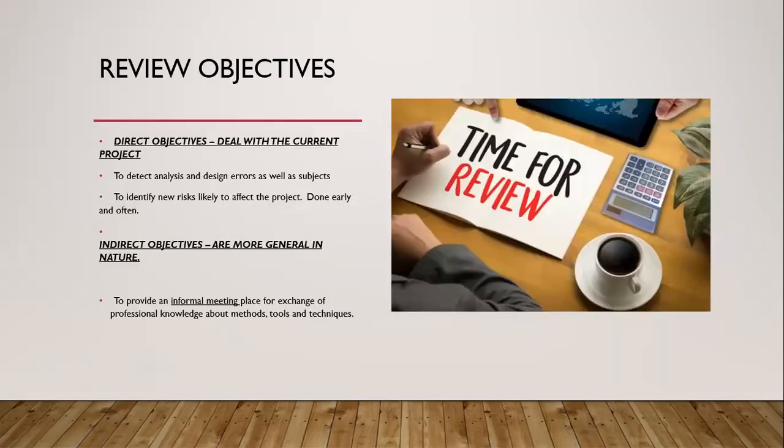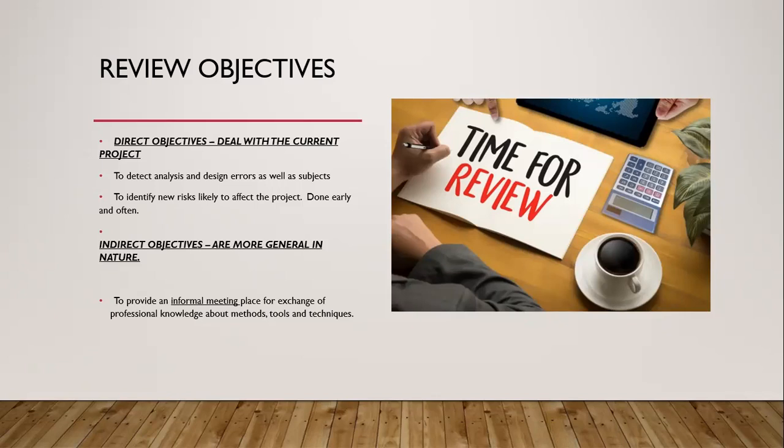Review objectives. There are many types of review objectives, but they are divided into two categories: direct objectives and indirect objectives. Direct objectives deal with the current project: to detect analysis and design errors, as well as to identify new risks likely to affect the project, done early and often. Those risks directly affect the project.